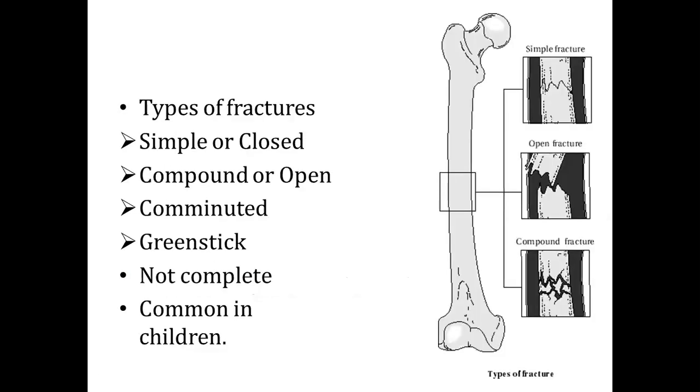Then the types of fractures: simple or closed, compound or open, comminuted, and greenstick. Incomplete fractures are common in children. Here you can see the simple fracture, open fracture, and compound fracture.